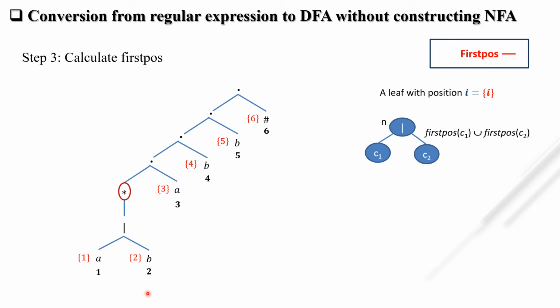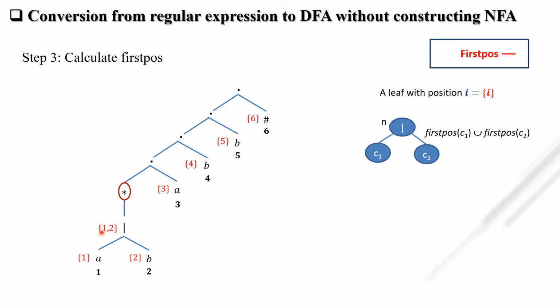The first position of C1 is 1, and the first position of C2 is 2. So the first position of this OR operator is 1 and 2. I am only talking about the first position; for the last position we will see later on.